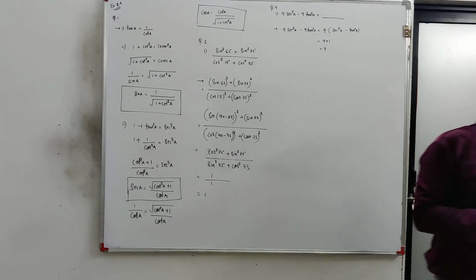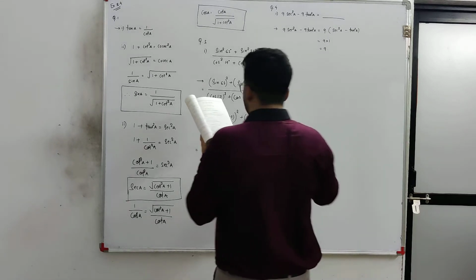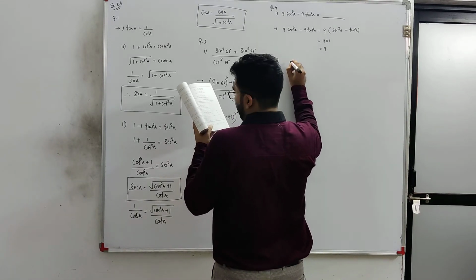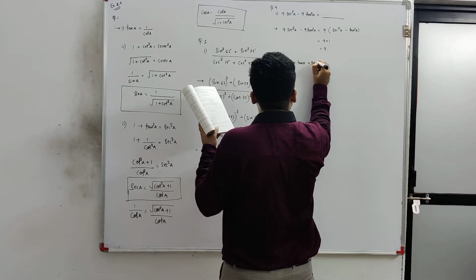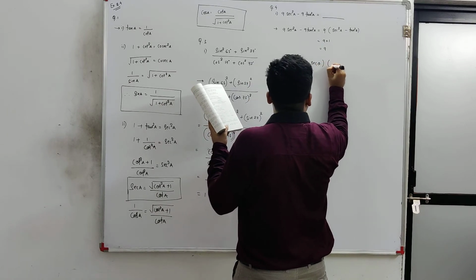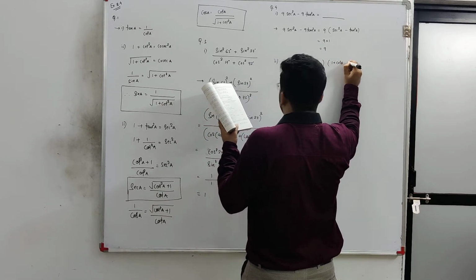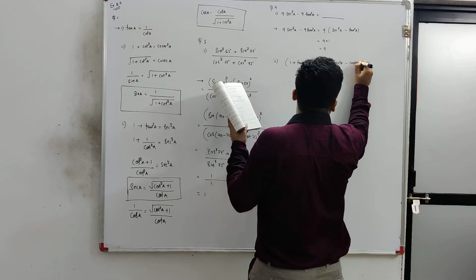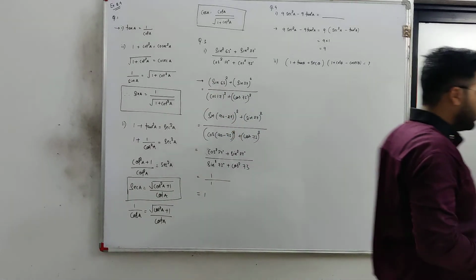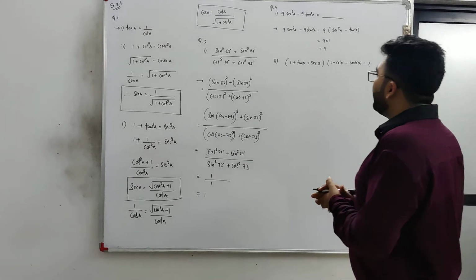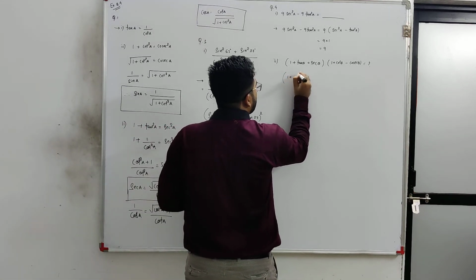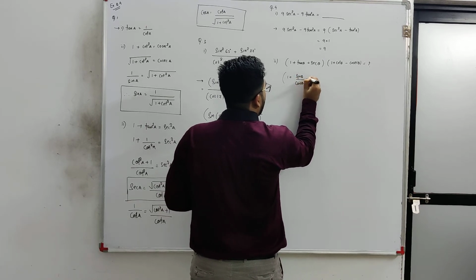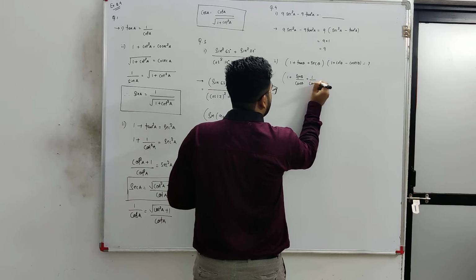Now let me see the next, the second question. 1 plus tan theta plus sec theta, and 1 plus cot theta minus cosec theta, is equal to what? So here I am converting both of them in the form of sine and cos. First I got 1 plus sine theta by cos theta plus 1 upon cos theta.